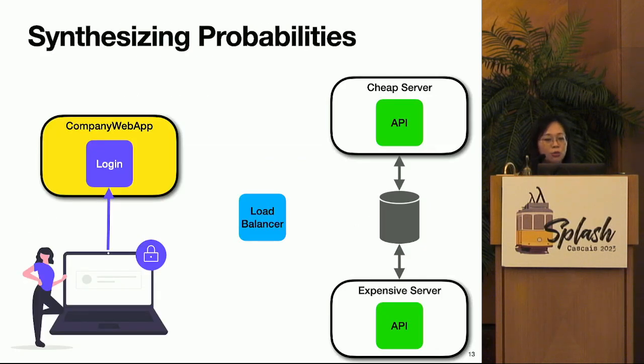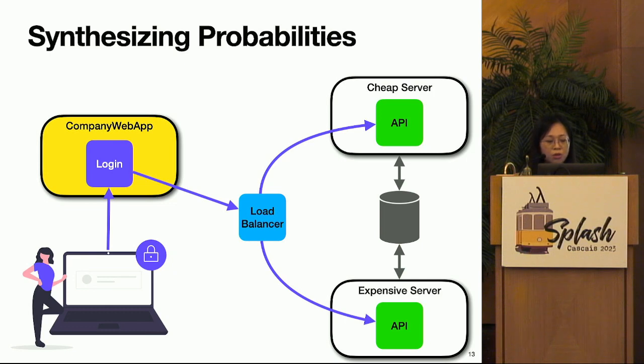Another thing that you can do with this system is that you can synthesize probabilities. For instance, suppose you have a load balancer. You have many login attempts, so you want to balance the load of this access. This load balancer is going to sometimes derive you to a cheap server, and sometimes it's going to derive you to an expensive server.